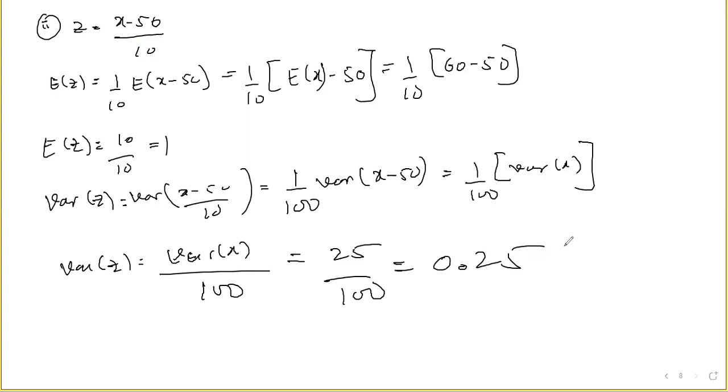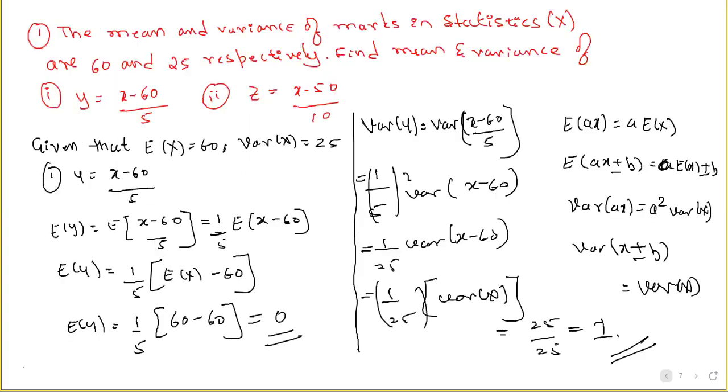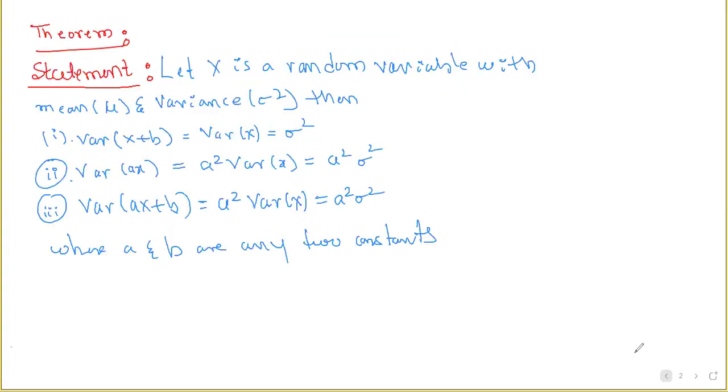All right. So here we are completely using these properties. So as a corollary we can write that variance of x minus b is also equal to variance of x itself, which is sigma square.